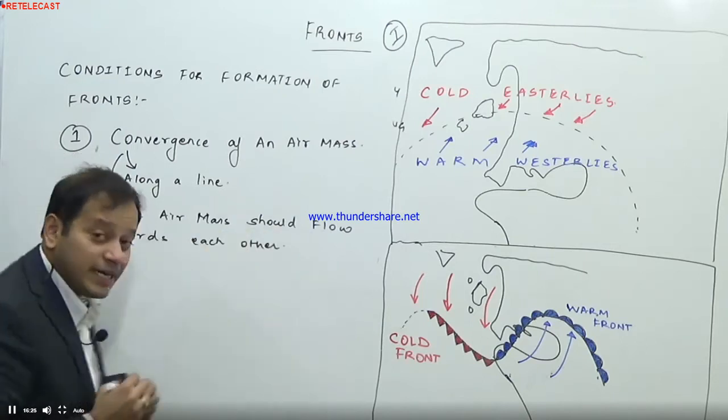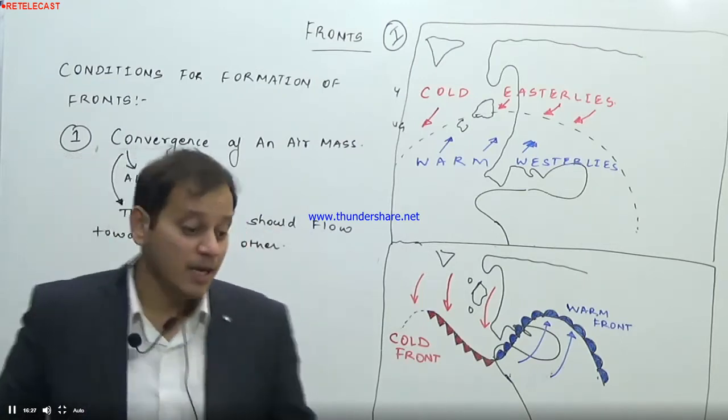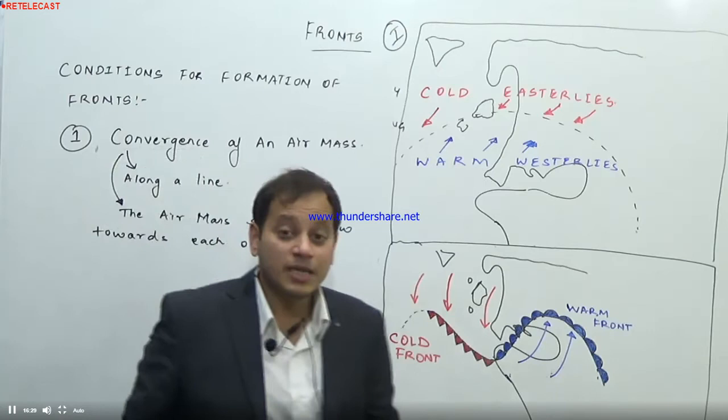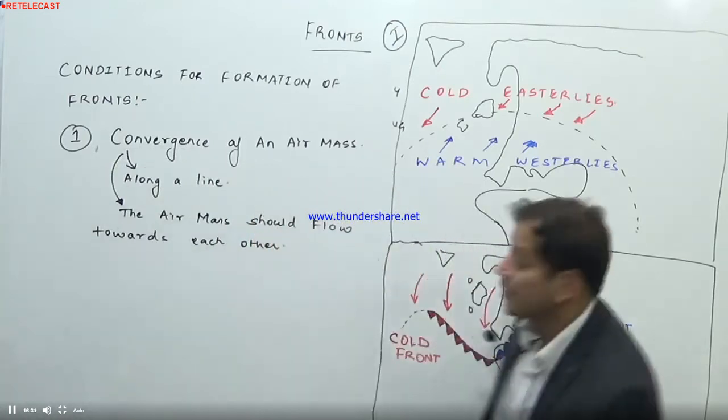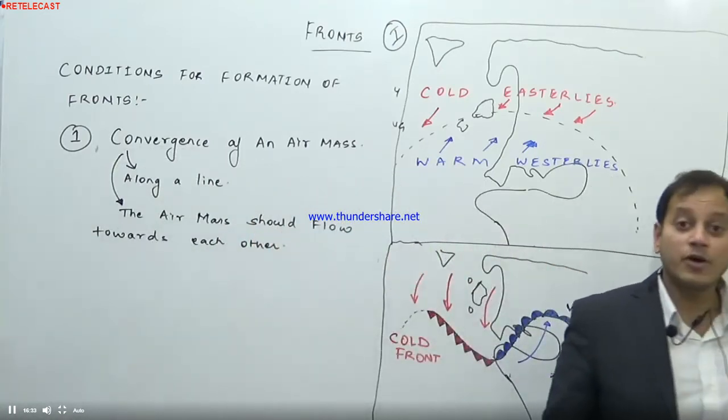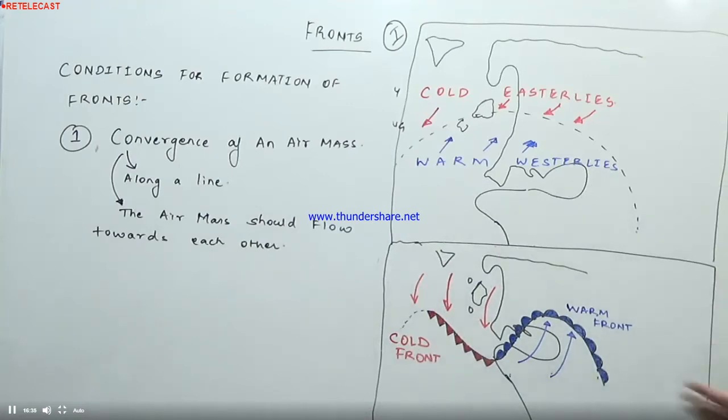You don't have to write each and everything in the examination, because if the question is asked, it will be directly on the conditions for the formation of a front or what are fronts. So the convergence along a line is one of the basic conditions for the formation of a front.